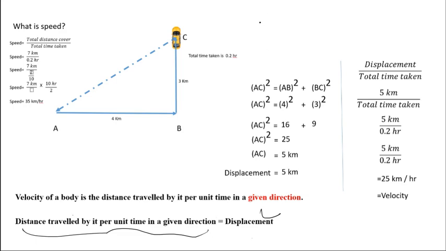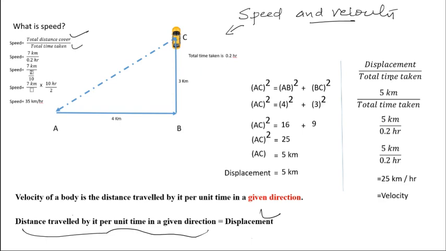And therefore now we can understand the difference between speed and velocity. Speed is just distance covered in unit time.